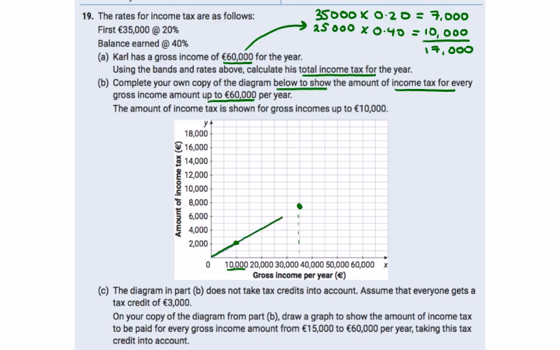Continue that line along. And if he earns 60,000, he's going to be paying 17,000 in tax. So if we go to the line 17,000 along here, 60,000 along here. So the line gets a little steeper.